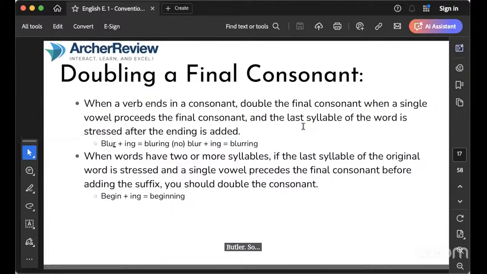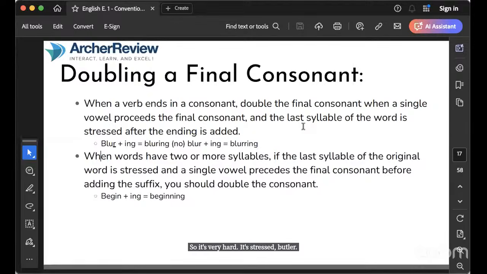So when I say that last syllable, the last syllable is stressed. So when I say it, blur, do you hear how hard it sounds? It's not very soft. It's stressed. Blur.